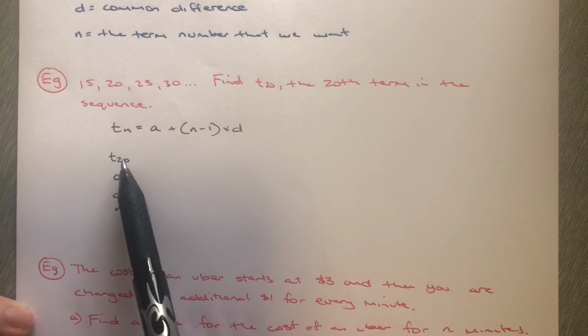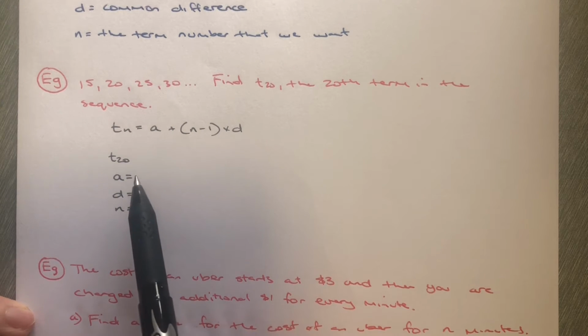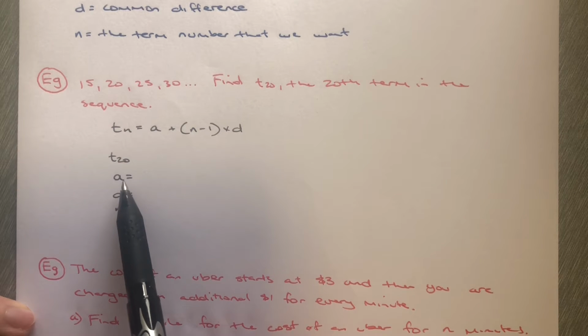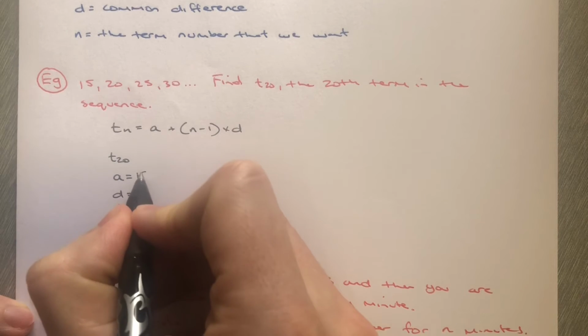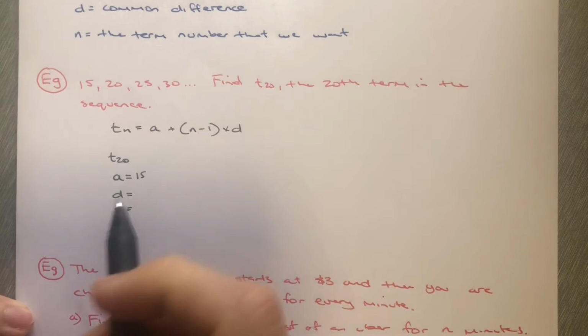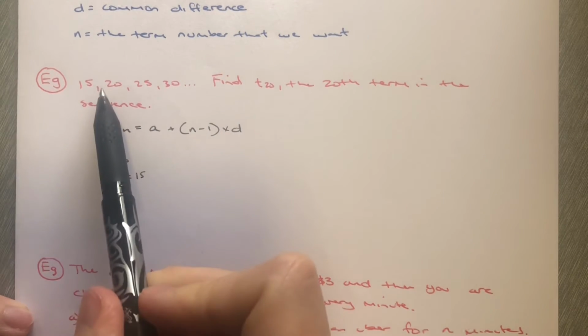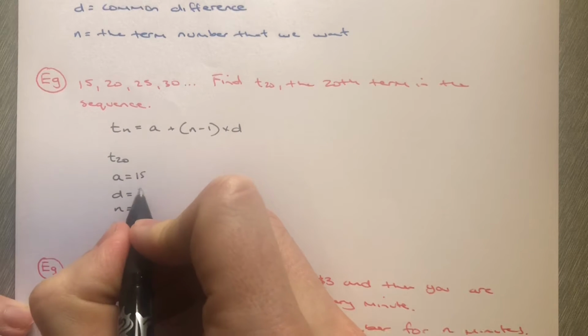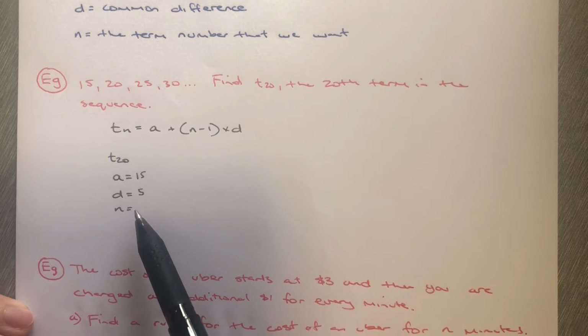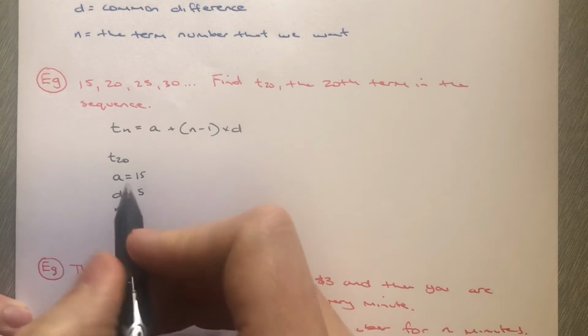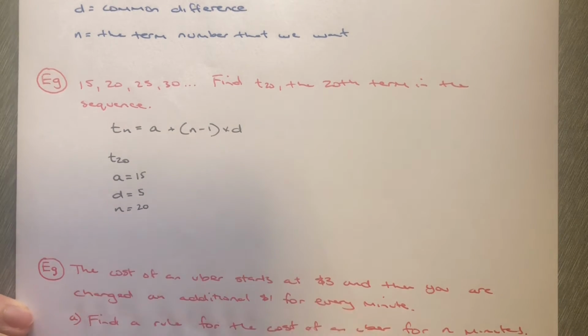We're after T20, that's what's going to go in there. We want A, which is the value of the first term. We can see that that's 15. So I'll put 15 in there. We want D, which is the common difference. We can see that it's going up by 5 each time. So the common difference is 5. And N. Now we want term 20. So our N number is 20.